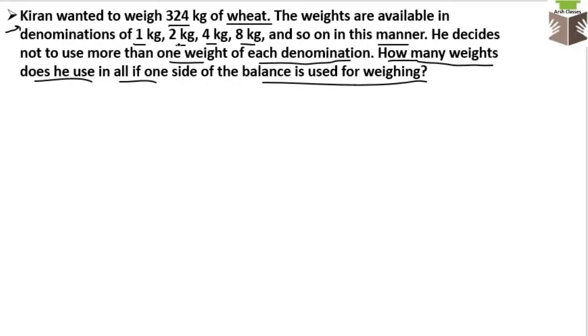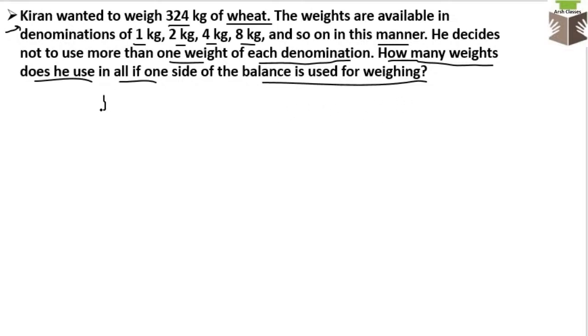Let us say if I use a 2 kg weight, I can use it one time only, not two times. Kiran wanted to weigh 324 kg, so what will be the total number of weights that she will need, guys?